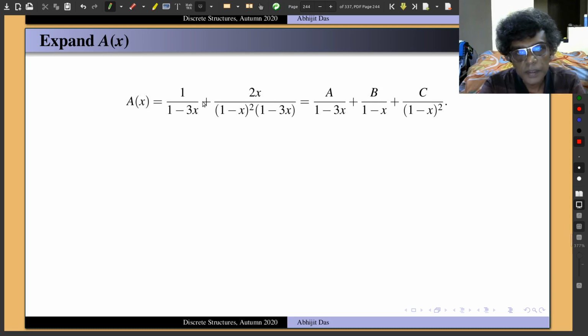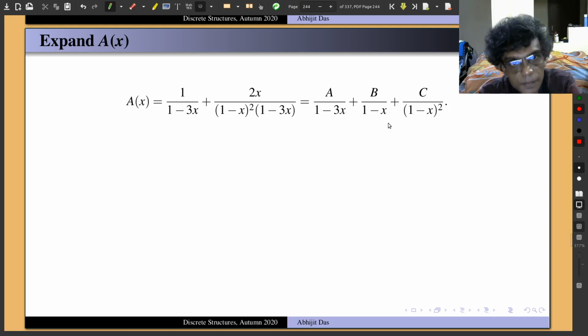And this can be written as a over 1 minus 3x plus b over 1 minus x plus c over 1 minus x whole square for some constant terms or constant values a, b and c. Now, how do I determine this a, b and c? I multiply everything by this denominator, which in this case is 1 minus x whole square, 1 minus 3x.